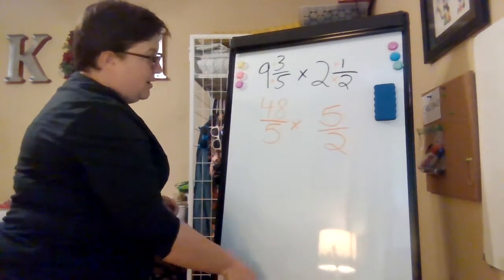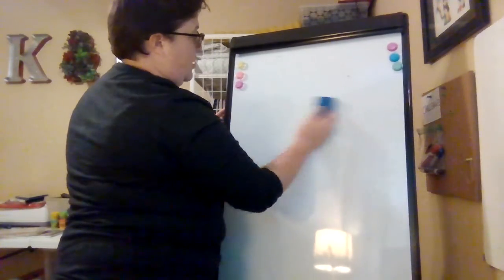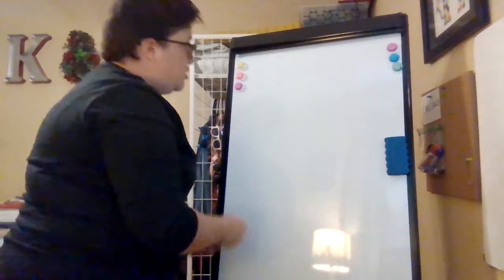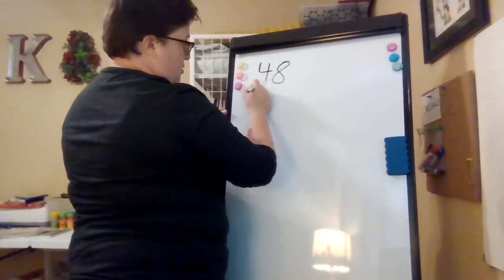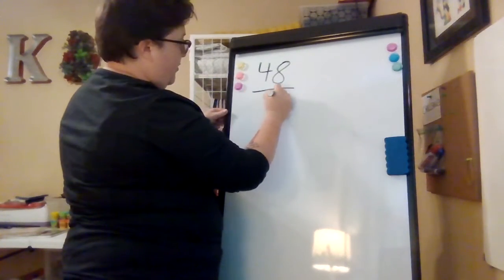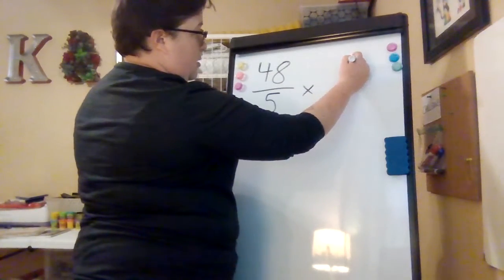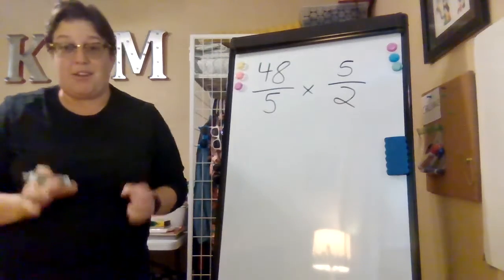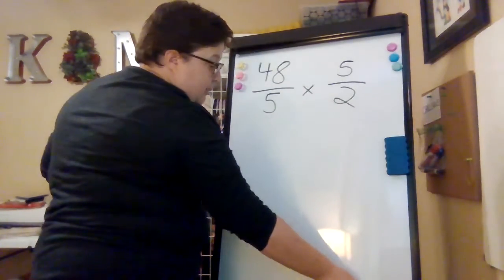So let me erase this top part, and we're going to write it up again. So the new problem: 48 over 5 times 5 over 2. Now let's see if we can simplify any of these before actually multiplying.